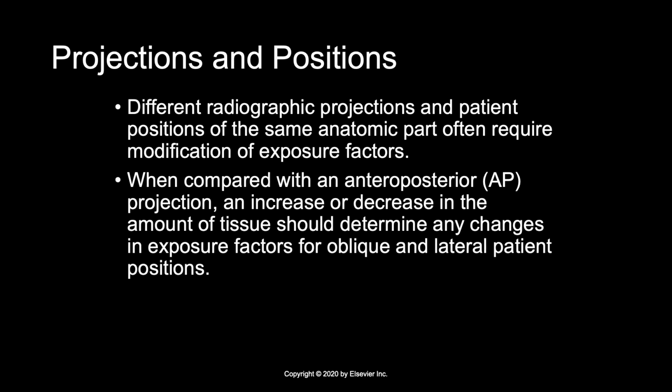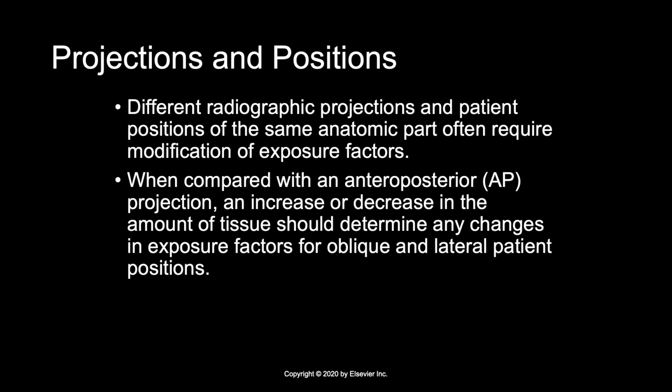There are different radiographic projections and patient positions that we do of the same anatomic part. And this often requires a modification of your exposure factors. For example, an oblique position of the L-spine is going to require more exposure than the AP because of an increase in the amount of tissue.